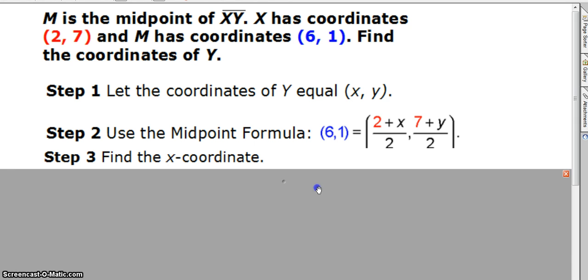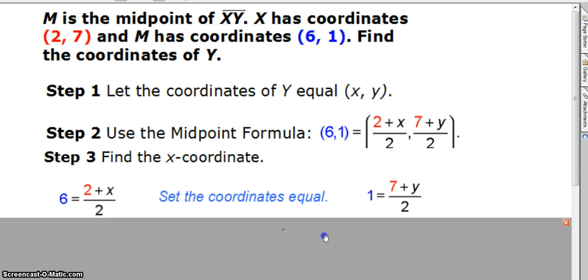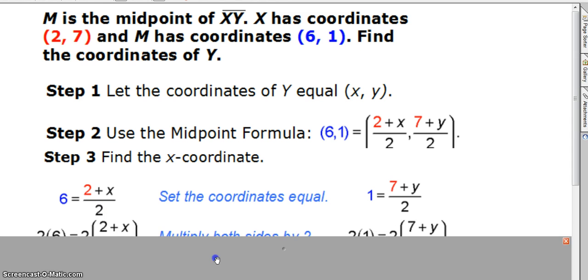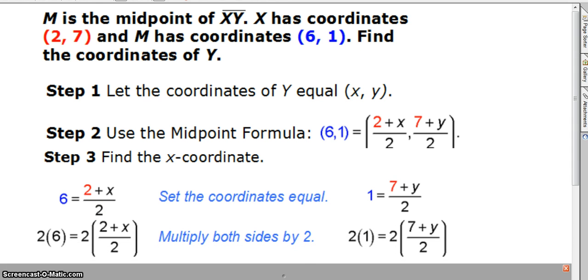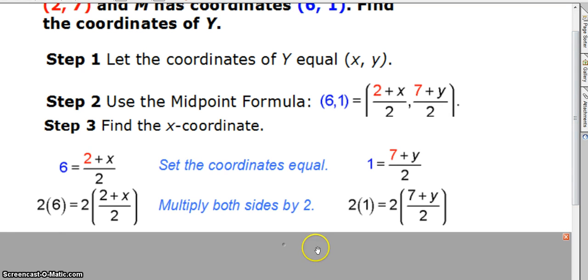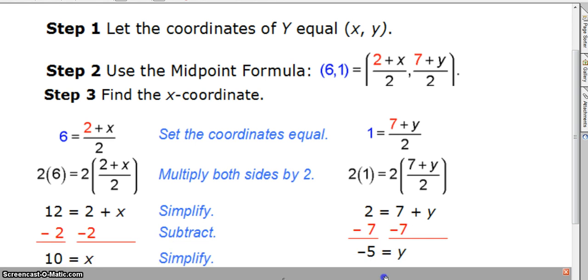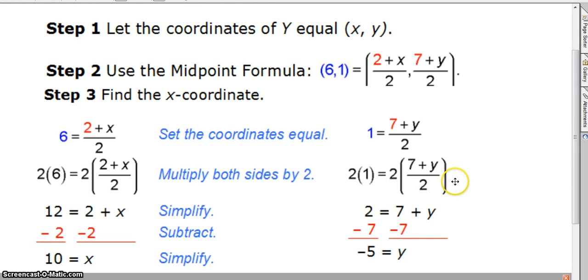Okay, so let's find the x coordinate. 6 equals (2 plus x) over 2, and you can use your inverse operations to multiply both sides by 2 and subtract 2, and you're going to end up with probably what you already have, and that is a value of 10. There it is, 10.